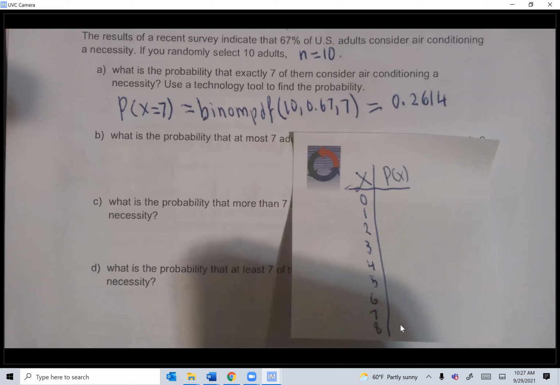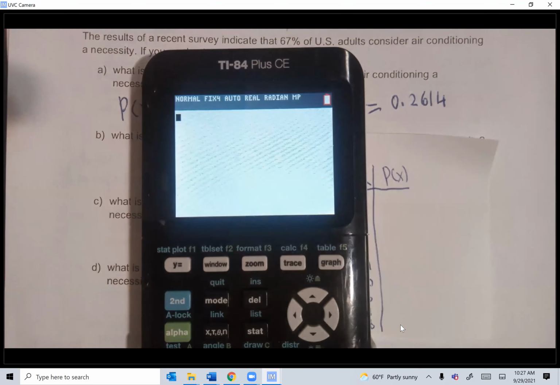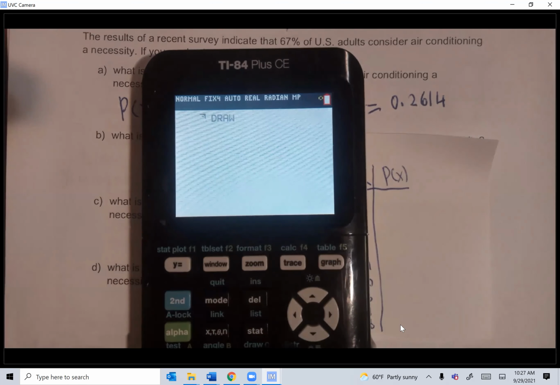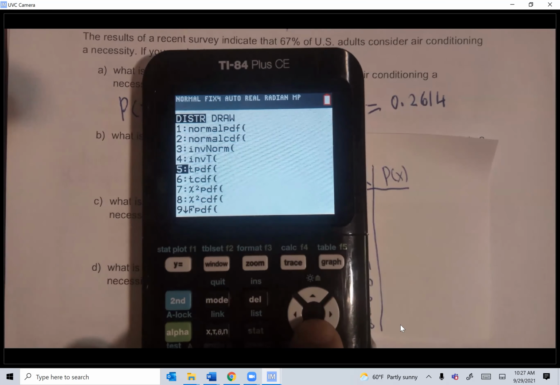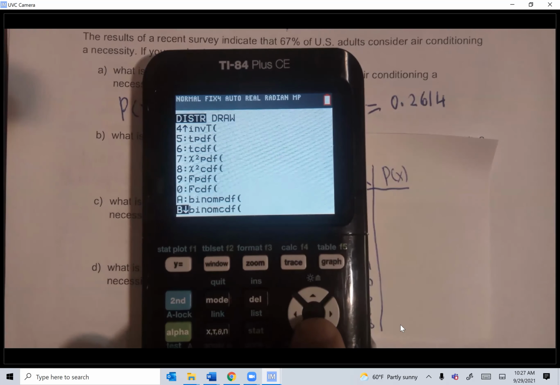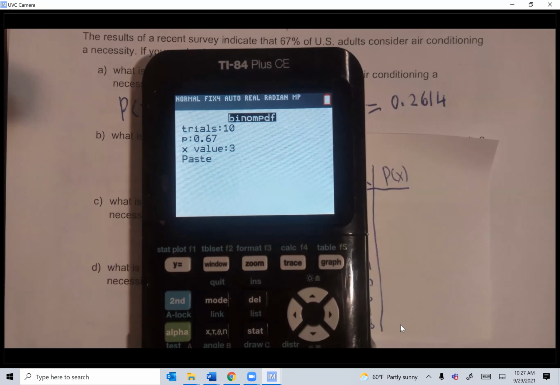Okay, now guys, watch. Go to 2nd, Variables, go to binomial PDF. Okay, number of trials is 10. Probability of success is 0.67. Who can tell me what I should enter here in order to get everything? You should know now.